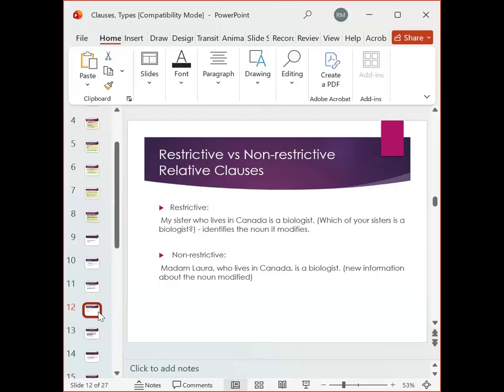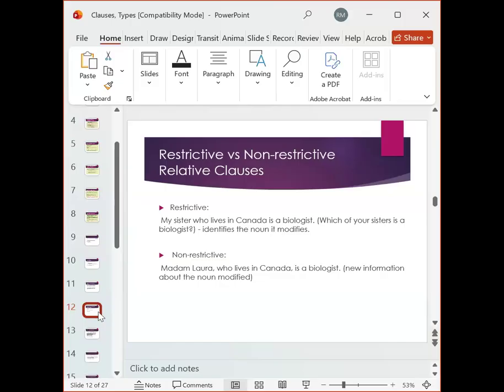So, for instance, an example of the restrictive relative clause: my sister who lives in Canada is a biologist. Now, my sister, we don't know who your sister is, maybe. And then you add the information who lives in Canada. It could be that you have several sisters.